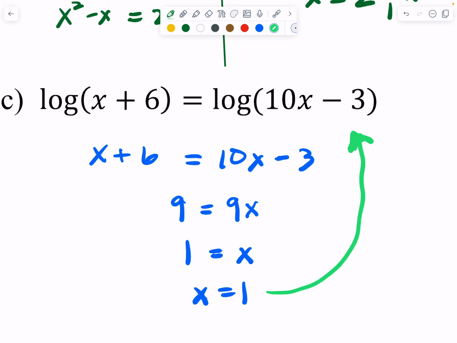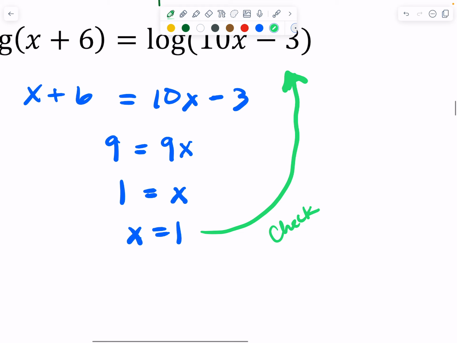But I think when your goal is just to solve an equation, it's probably easiest to just do a mental check for extraneous solutions.